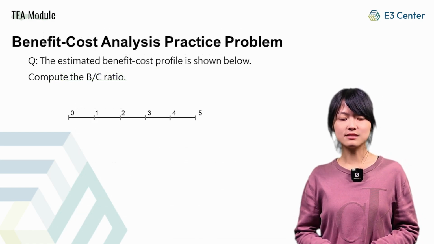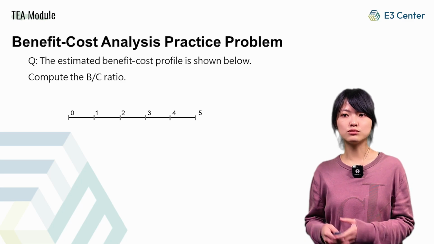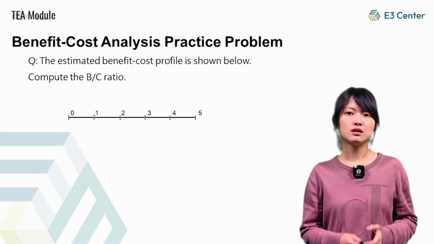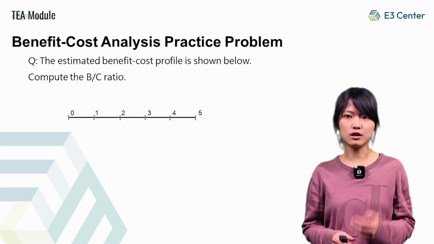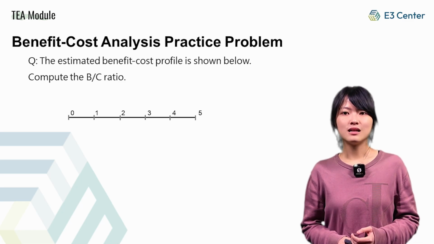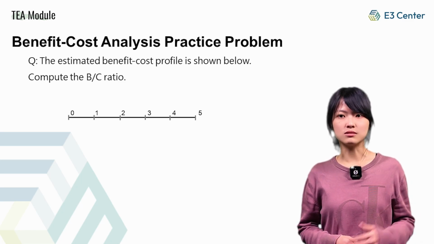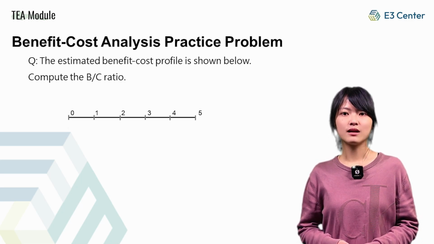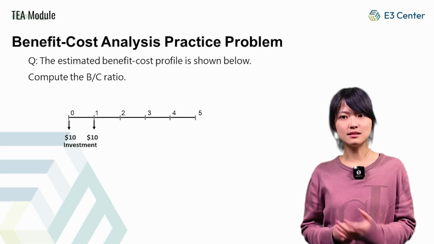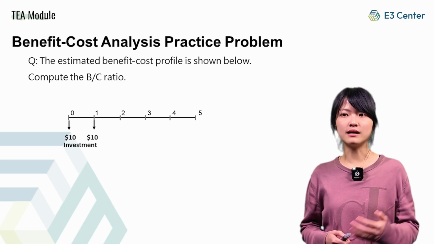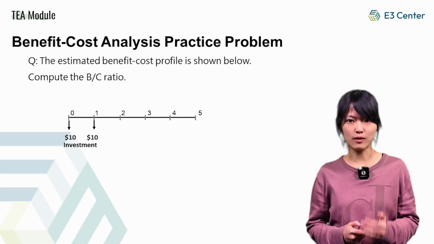So in this exercise, we will explore how to compute the BC ratio using a hypothetical project scenario. The project cash flow is shown on this slide. For initial investment, $10 at year 0, followed by another $10 at year 1.